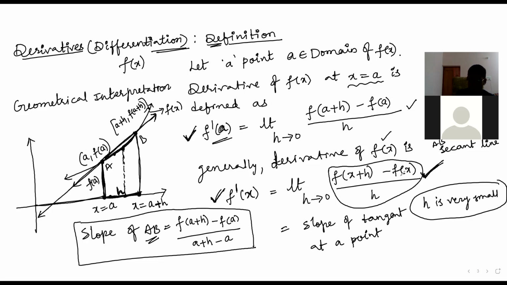It is not difficult. Here x, f of x, and here x plus h, f of x plus h. So this is slope only, y2 minus y1 by x2 minus x1, but here x2 is x plus h and x1 is x. So this is the definition and meaning.